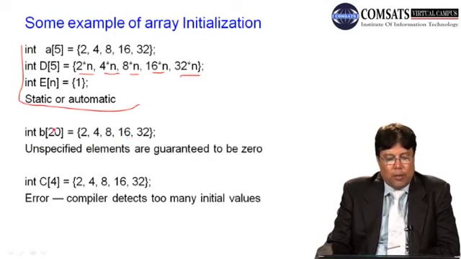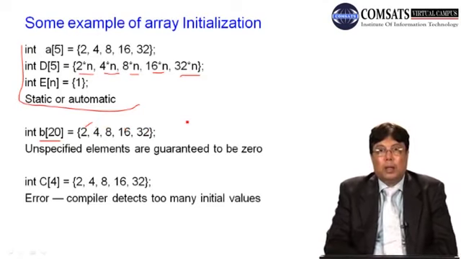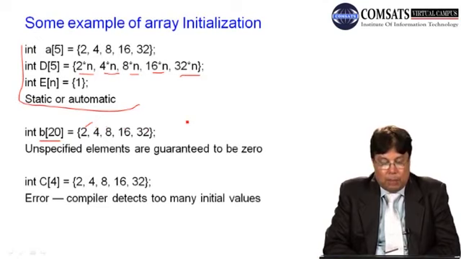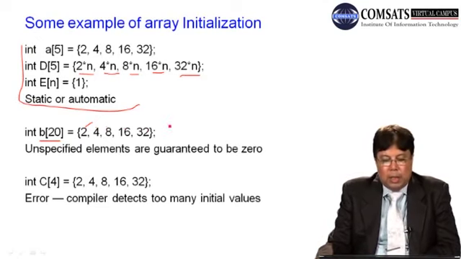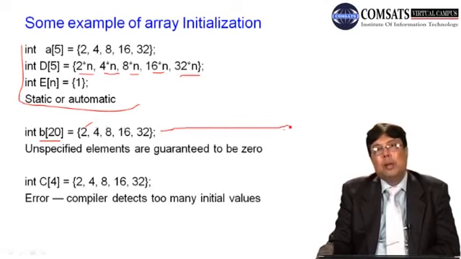Now you have defined the size of an array is equal to 20. But the number of elements that you are providing are only 1, 2, 3, 4, 5. Okay, only 5 elements here. So the remaining elements, what will happen to the remaining elements?